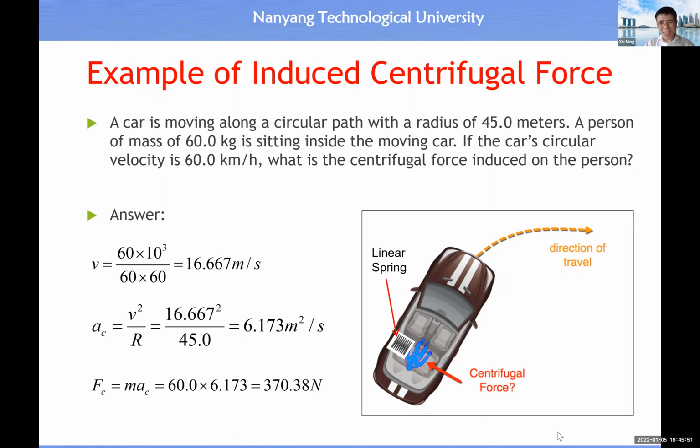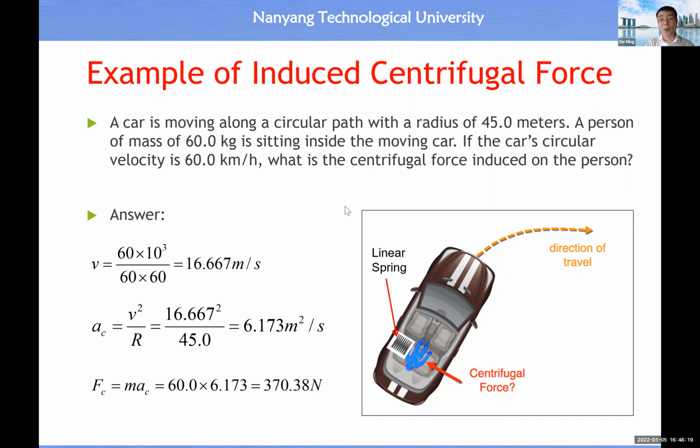The centrifugal force is proportional to the centrifugal acceleration. Then what is centrifugal acceleration, or radial acceleration? Radial acceleration is proportional to the circular velocity squared divided by the radius of the circular path. Once we know the radial acceleration, we can calculate the centrifugal force, so it is m times a.